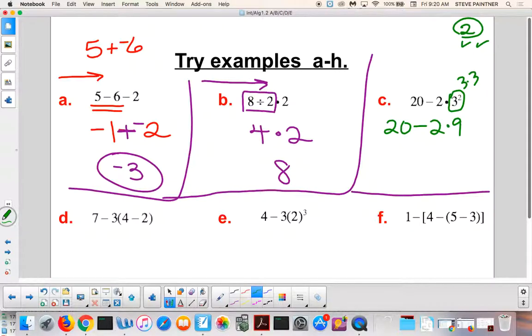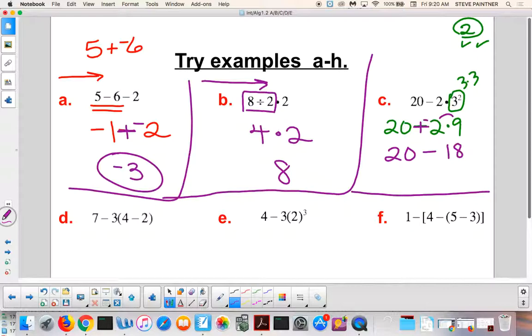Multiply before you subtract. Now this might, again, bug people. If this bugs you, go minus, change it to a plus, change that to negative. So it's not 2 times 9, it's negative 2 times 9. What's this? Negative 18, correct? Okay.